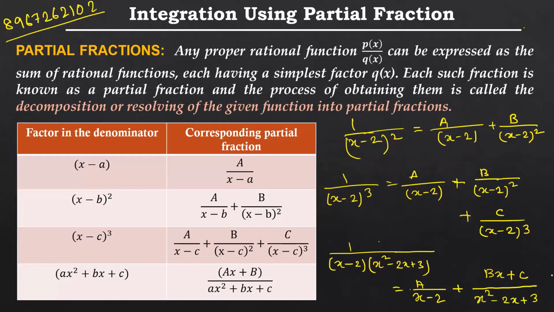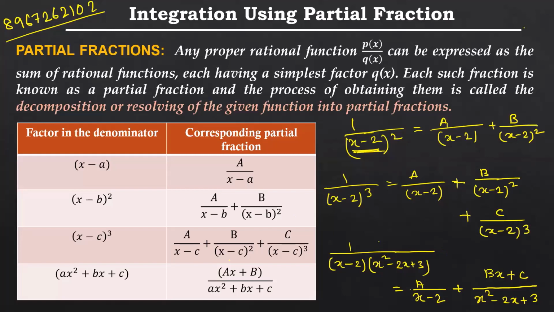Okay, is it clear? Whenever your factor is of degree 1, you can take a constant part, A, B, C, a degree 0 polynomial. But whenever you use a factor that is a second degree polynomial, you have to take a first degree polynomial and follow this process.